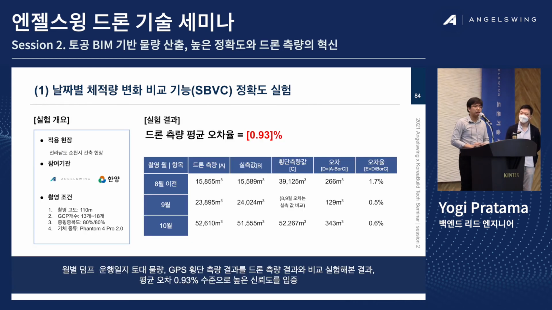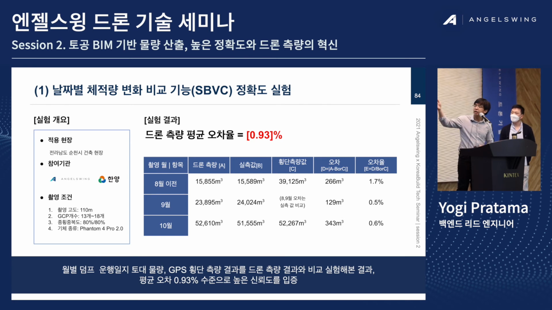So this is the detail of the test environment and also the result. As you can see in the table, there is the value of the volume for drone survey and the volume of the actual situation, and also the values in the reports.